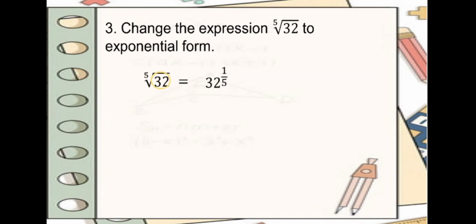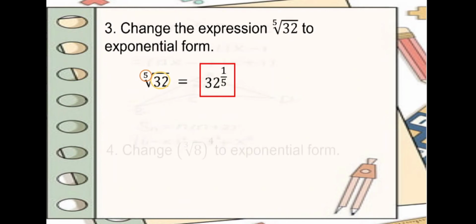So, yung radicand natin, siya yung magiging base. Yung index natin, siya naman yung magiging denominator. At yung exponent ni 32, siya naman yung magiging numerator na 1. Therefore, the final answer is 32 raised to 1 over 5.